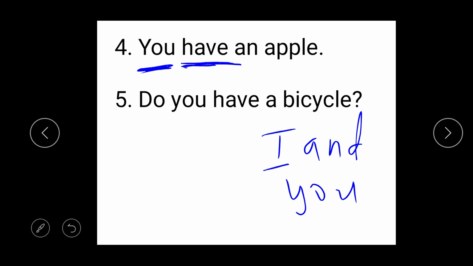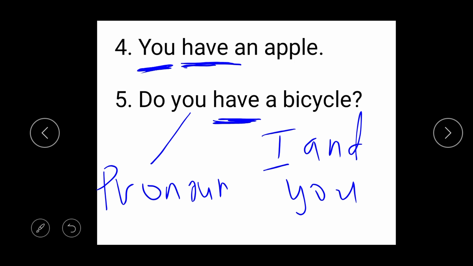This is correct. Do you have a bicycle? So the verb we use here is have. Why did we use have? Because the pronoun we use is you. You is a pronoun, okay?